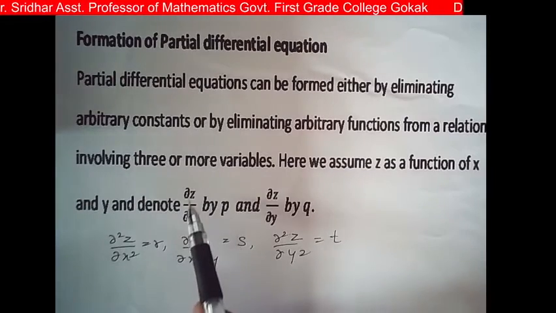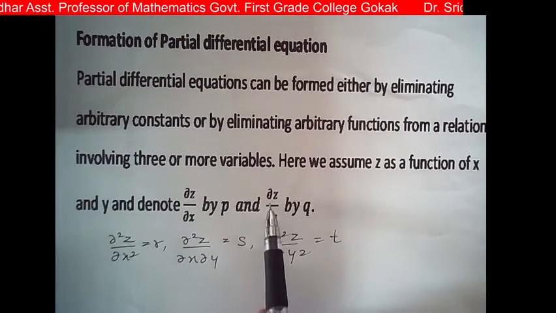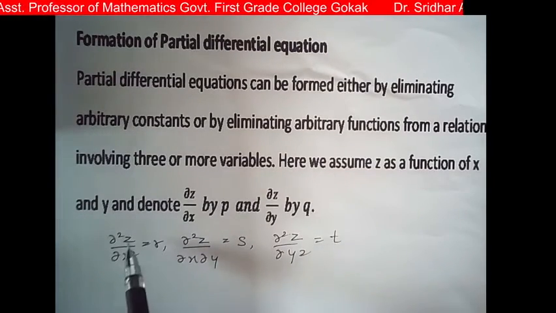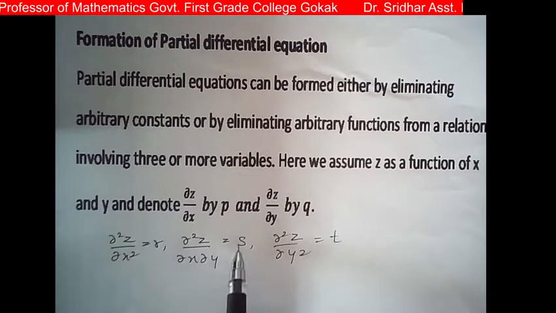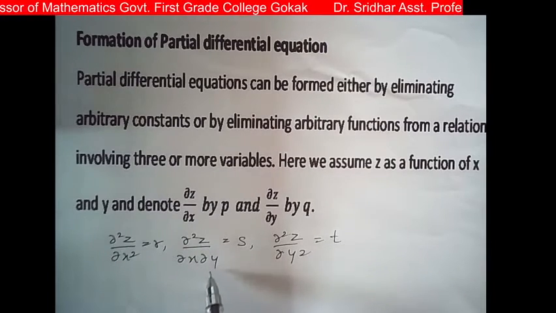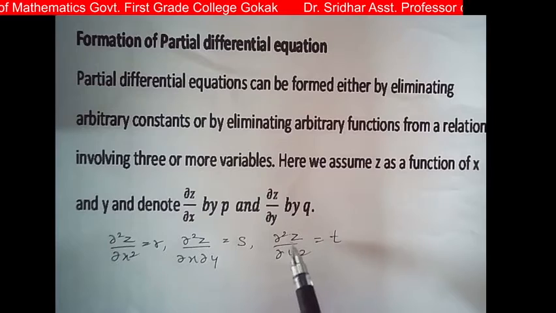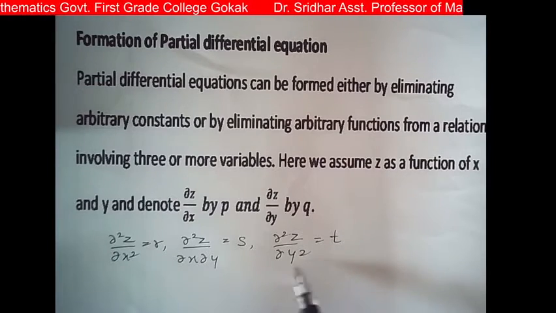So P means dou z by dou x, Q means dou z by dou y, R means dou square z by dou x square, S means dou square z by dou x dou y, and T means dou square z by dou y square.